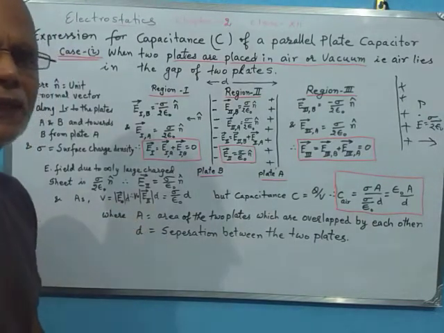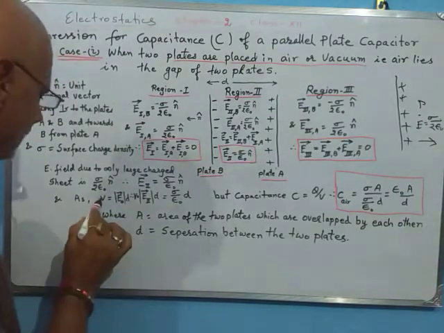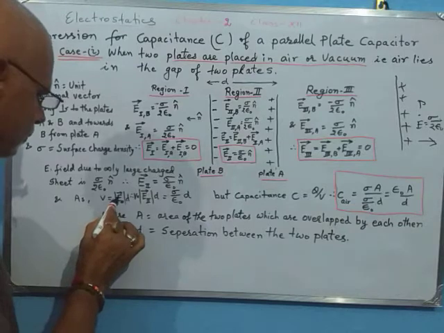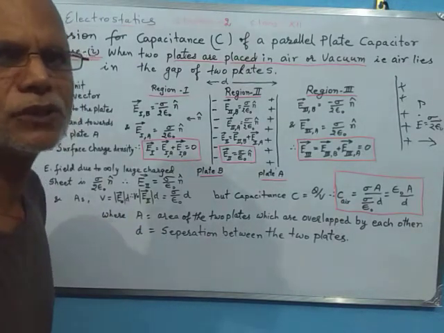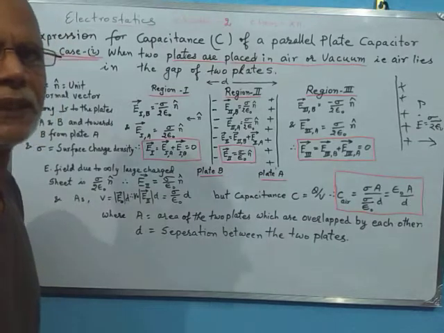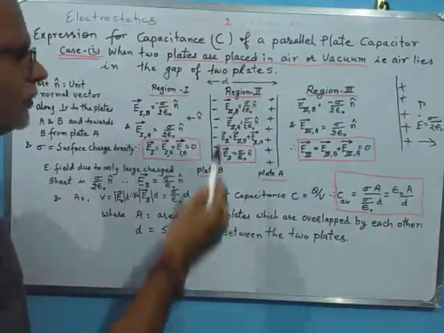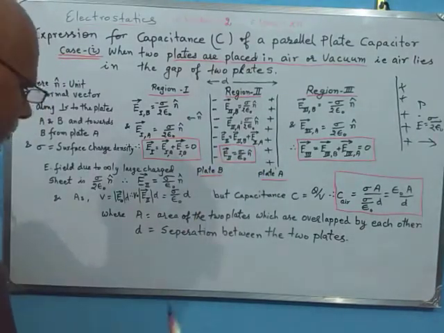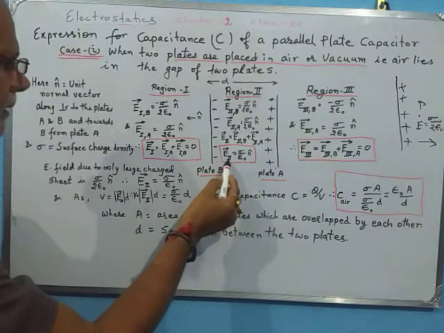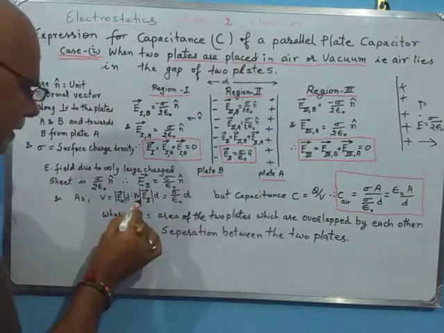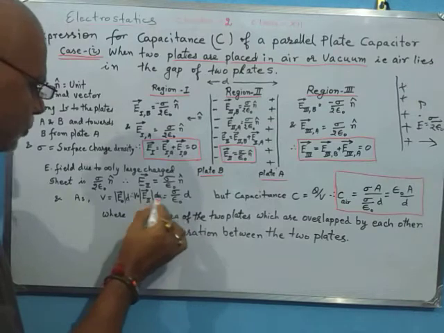So now we found the magnitude of electric field, and we also have a relation between potential gradient and electric field, from which we have V is equal to E0 d. What is E0? E0 is a symbol used to express the electric field in the air medium between the two plates. So we have E0 d, and E0 is nothing but electric field in zone 2, that means sigma by epsilon naught into d.